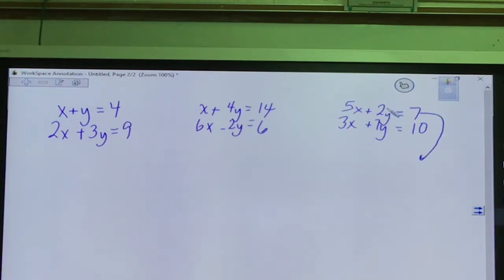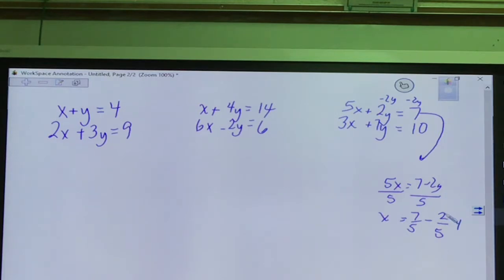The reason why I would not choose substitution for this: let's say I'm going to pick x. If I subtract 2y from both sides, I'd have 5x equals 7 minus 2y. Divide by 5, I have a bunch of fractions. I know very few students who like to work with fractions.